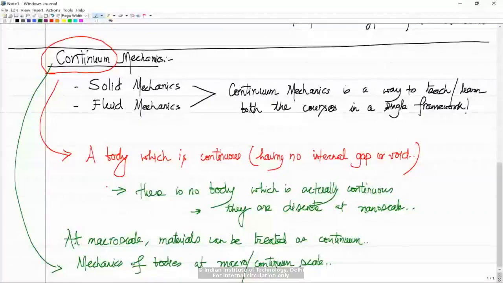Suppose this is your body, then at micro scale you have the grains, and inside the grains you have lattice structures oriented differently in different grains.